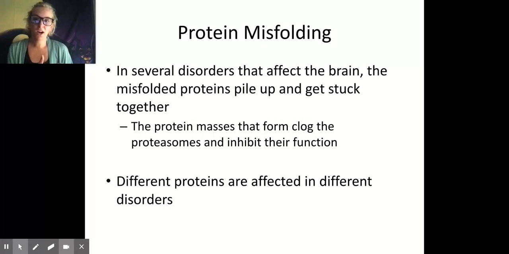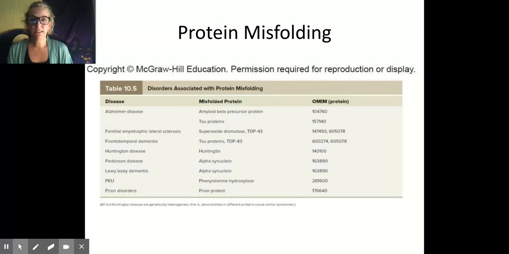If we look at different disorders specifically involving the brain and misfolded proteins, you're going to see that different proteins affect different things. If you have a misfolded protein, the specific protein is going to have a specific effect and cause a specific disorder. Here are some examples of specific proteins and what happens if they become misfolded.